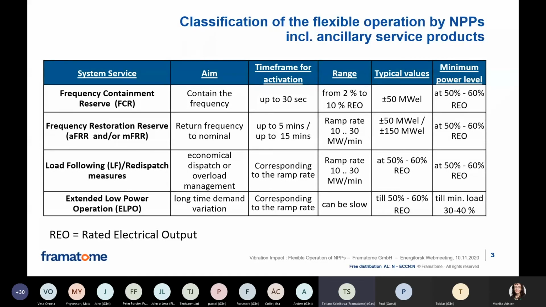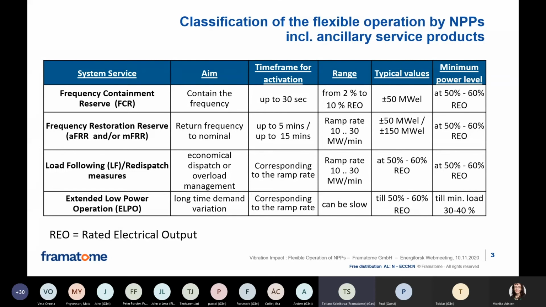Typically, to summarize all we have seen, the plants try to perform all kinds of services from 100 down to 60 or 50% maximum, and they strongly try to avoid LPO, and long LPO at low levels.